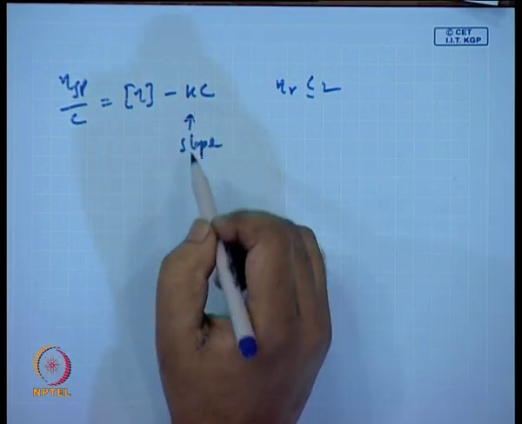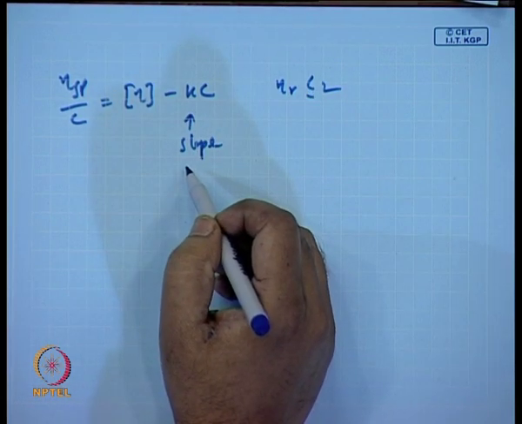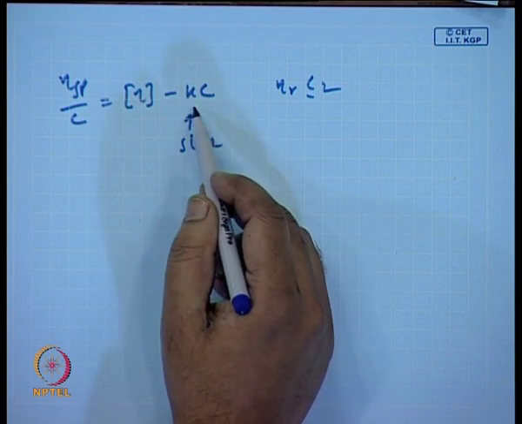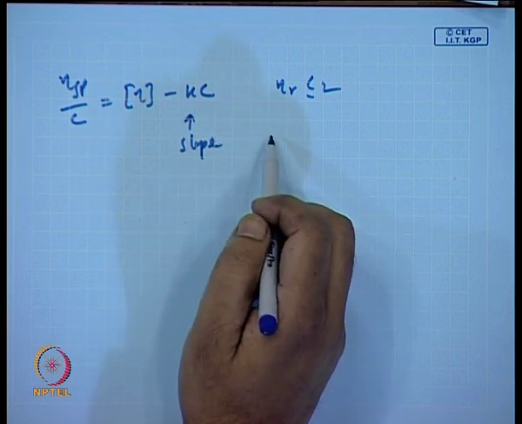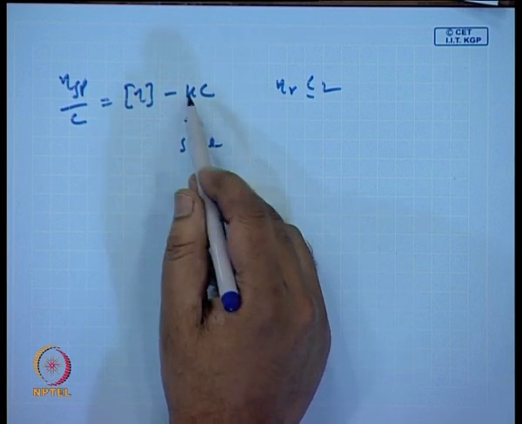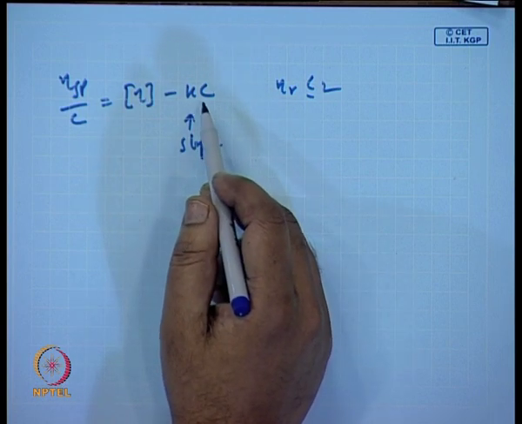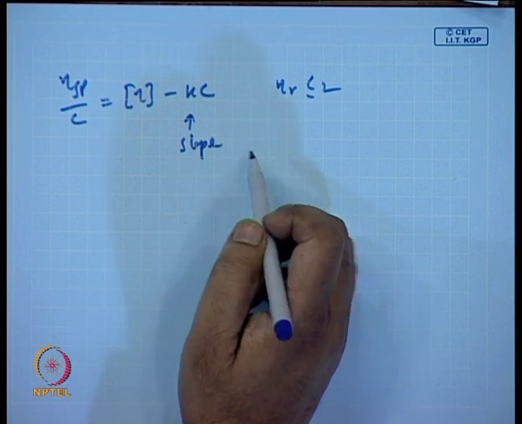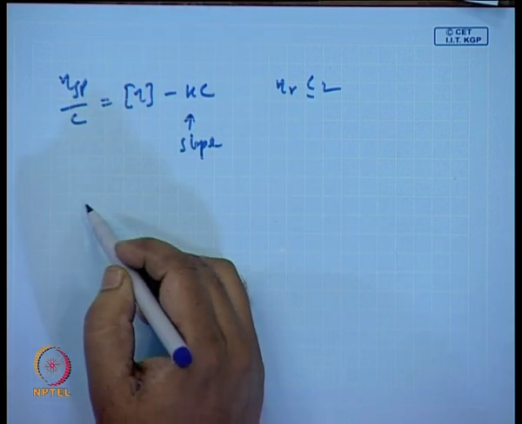Now, this K, the slope, depends on the molecular weight of the polymer; it is not equal for all lengths of polymer. So, we need to find something else where that constant can be applied to any molecular weight of the polymer chains.